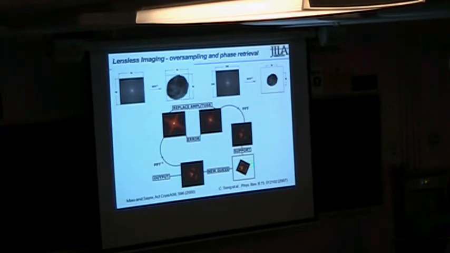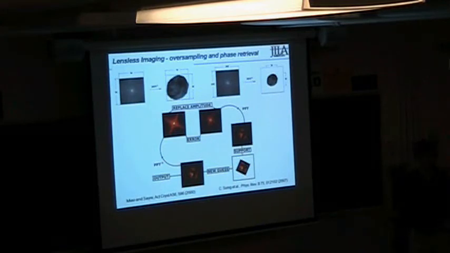We do something called a support constraint, where we set everything outside the object to 0, or there are also some other algorithms which actually work better, where you subtract what's already there by some fractional amount. Then we apply that constraint. We have our new guess.